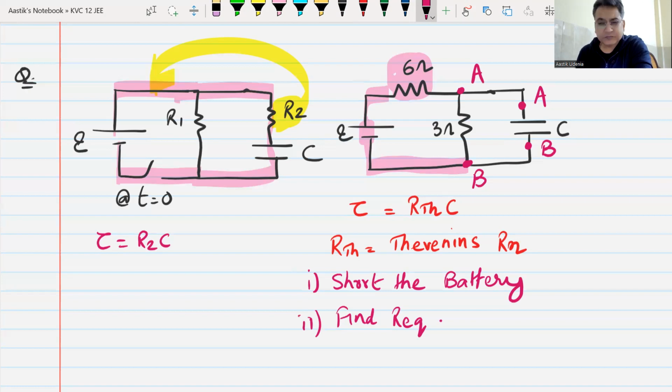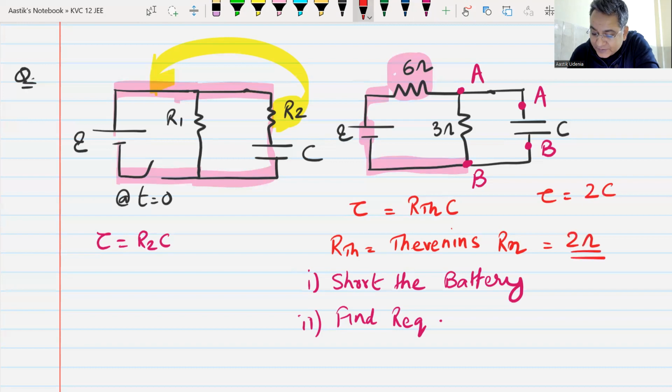Parallel. What is the equivalent resistance? 2 ohms. So my Thevenin's equivalent resistance simply becomes 2 ohms.